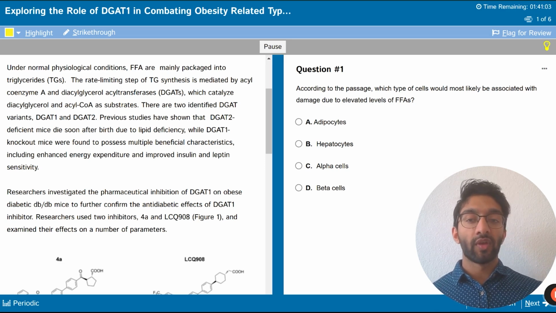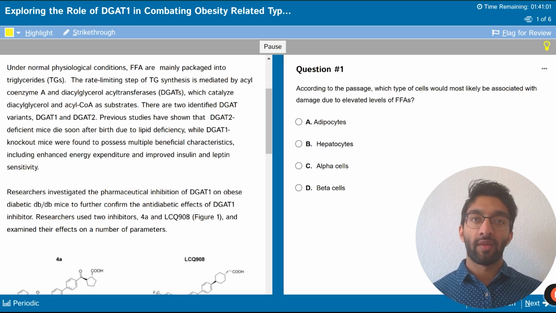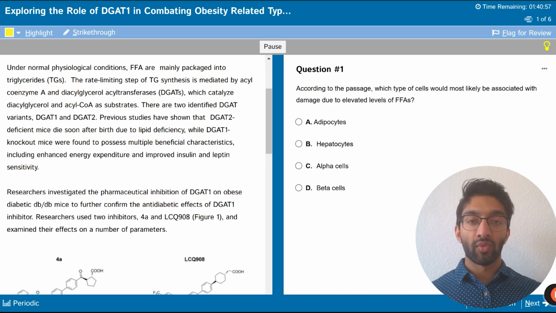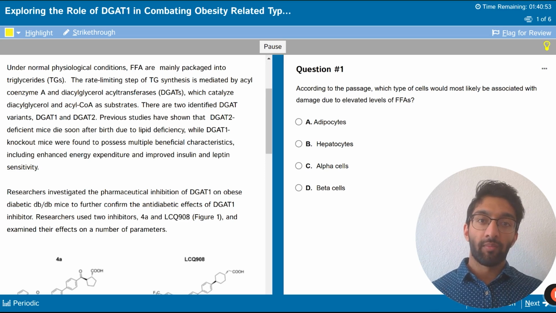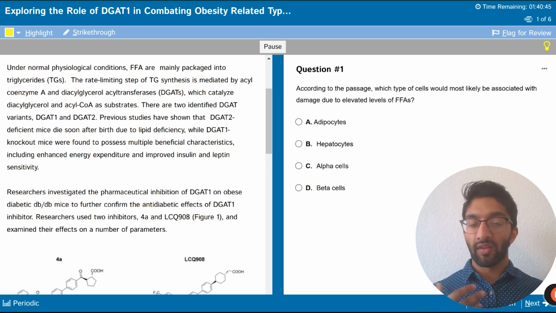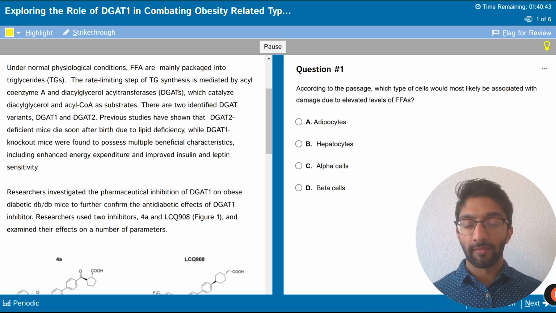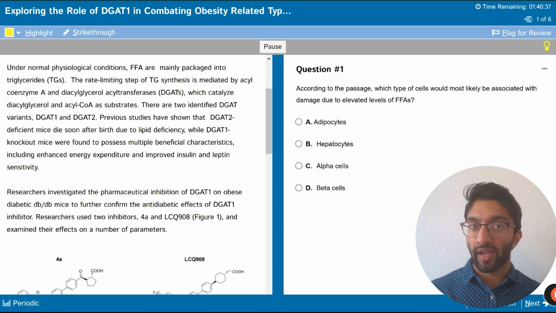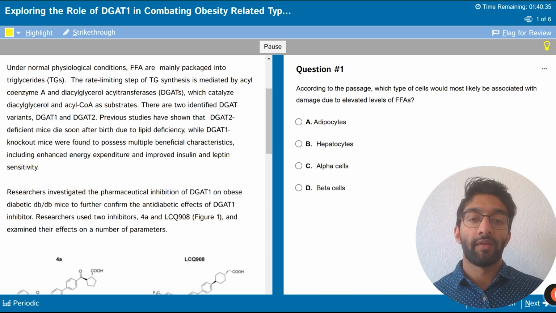If we knock out an enzyme and the effects are bad, that means normally that enzyme is doing a beneficial thing, in very vague terms. But if we knock it out and things improve, that means that whatever that compound was doing in the normal wild type was having some sort of deleterious effect on the organism. So just keep that in mind.